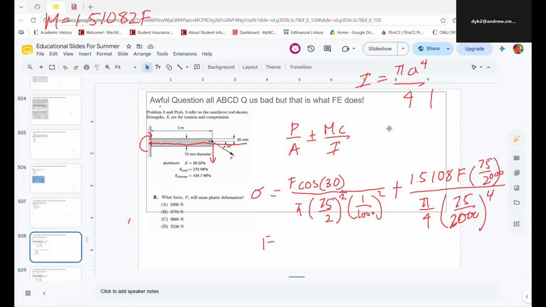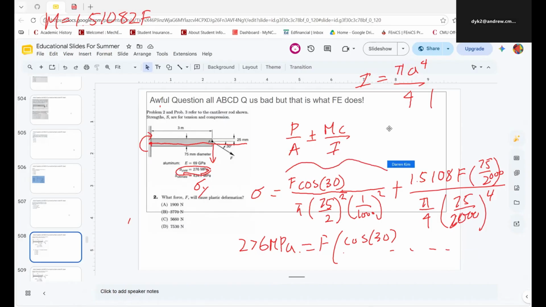Now, this over here is this basically. So you can imagine that to prevent plastic deformation, the max over there, that's sigma max basically. So there's no safety factor, so we use that instead. Another notation that you have to know, 276 megapascals over here, equal F parentheses cosine 30 and so on. So I'm going to simplify this version and then this first, and then we can move from there.